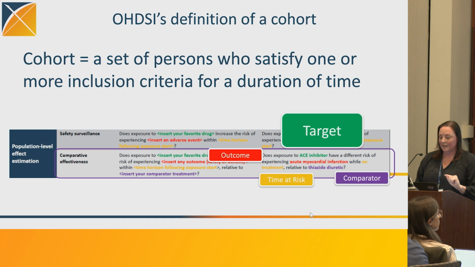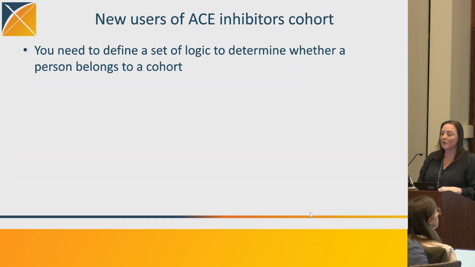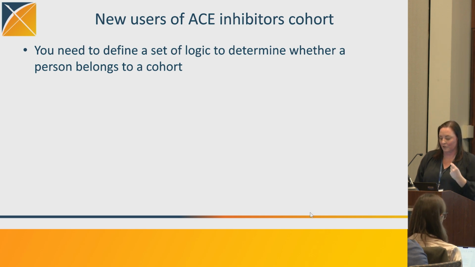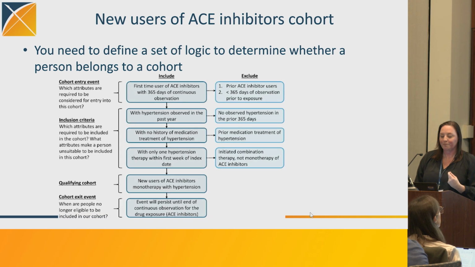And we'll go back to our ACE inhibitor acute myocardial infarction example and just have a quick look at how we do that in OHDSI. So to define new users of ACE inhibitors, we want to define the logic to determine whether a person belongs to that cohort. Okay, so think about who it is we actually want to include in our cohort.